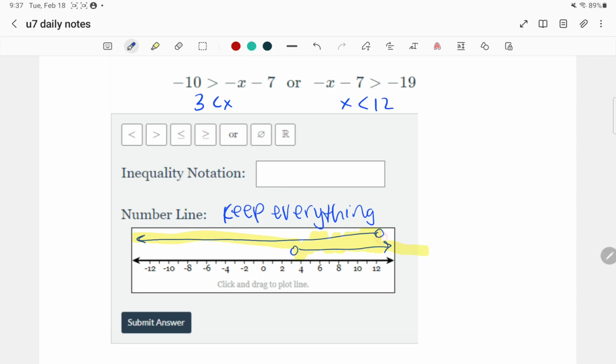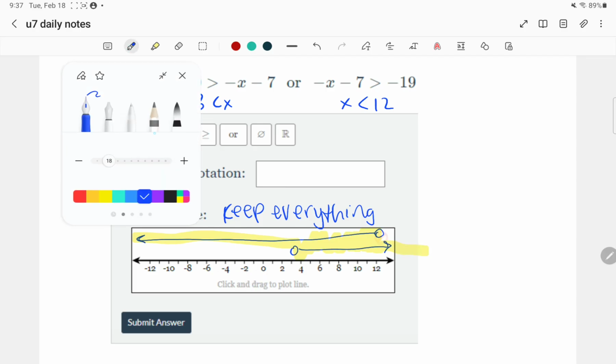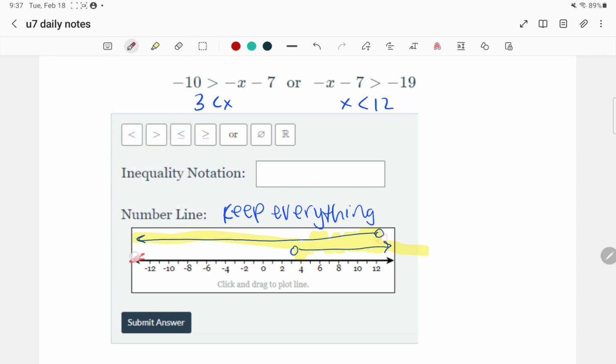Arrow to arrow. So my final graph would look like this. Arrow, never pick up my pen, to arrow. Literally everything. Okay? And we had a little button that told us everything.